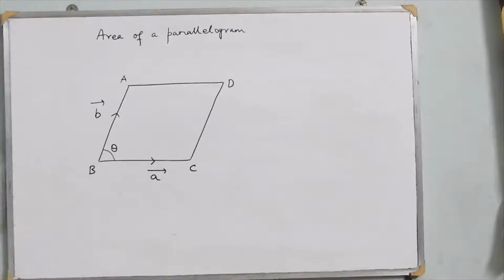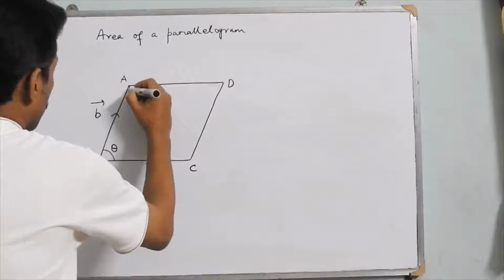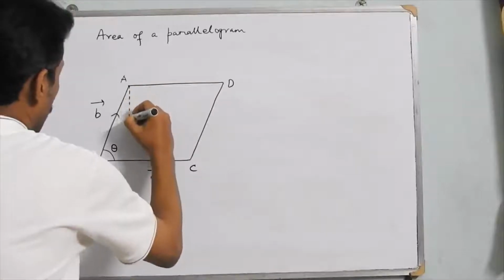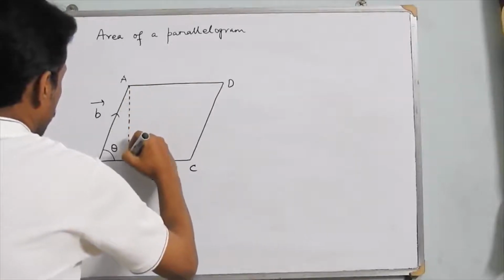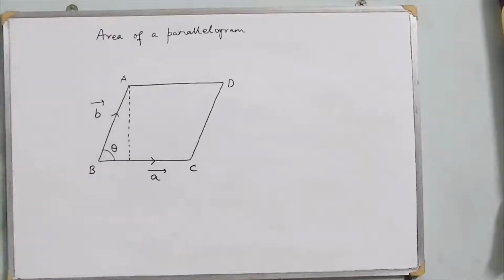Now, in order to find the area of the parallelogram, we draw a perpendicular from AD on the base BC of the parallelogram.